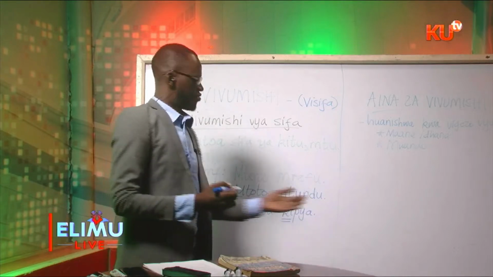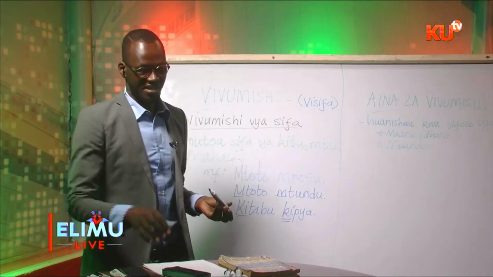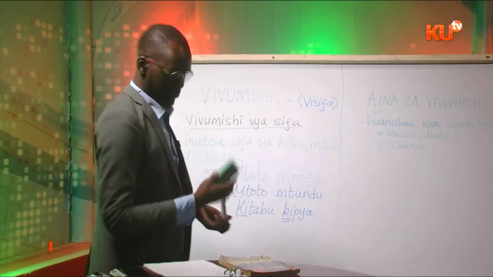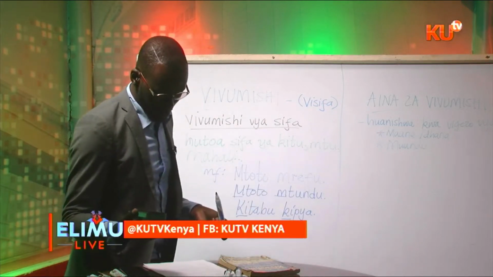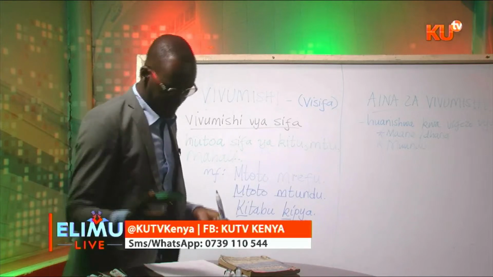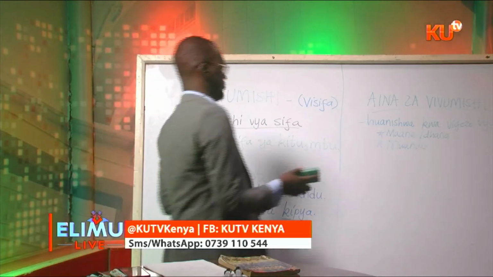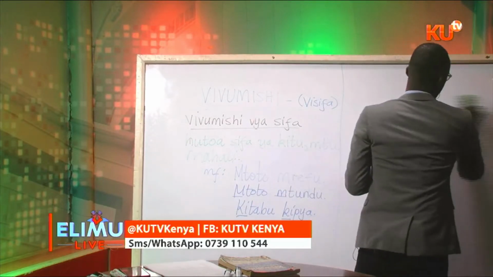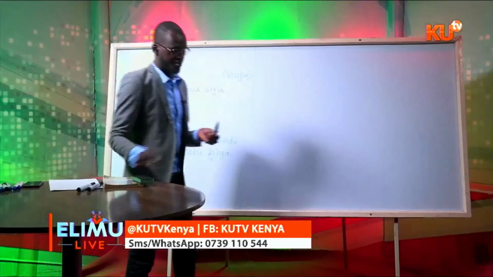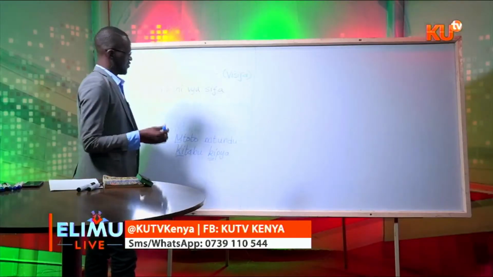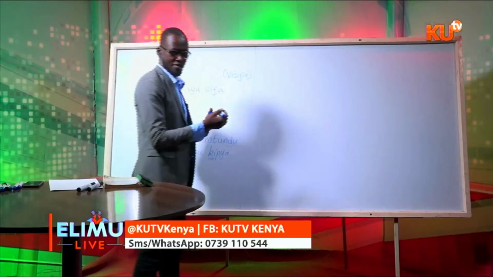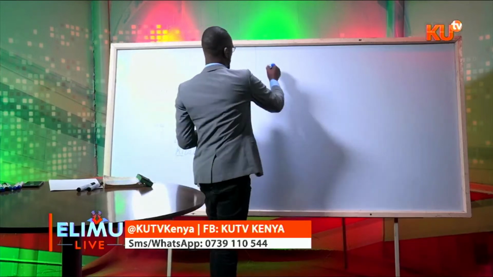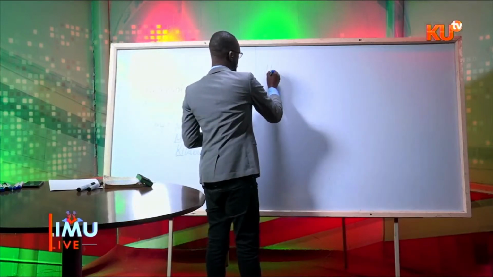Mtoto mtundu. Nataka nitoe mifano mingine ndio tuweze kuelewa. Alafu tutoe mfano mwingine, tuseme ugonjwa. Tuko katika aina za vivumishi, na aina moja tumeangalia ni vivumishi vya sifa. Tutoe mfano. Ugonjwa.